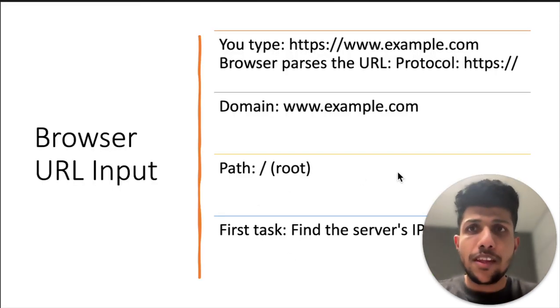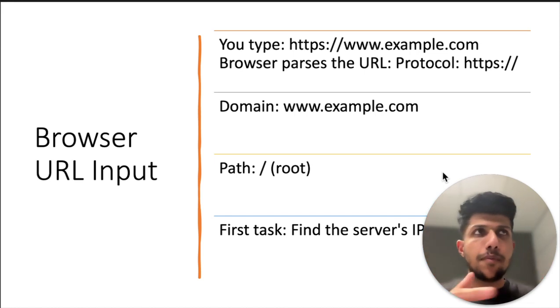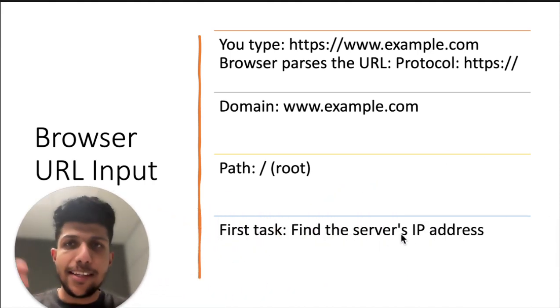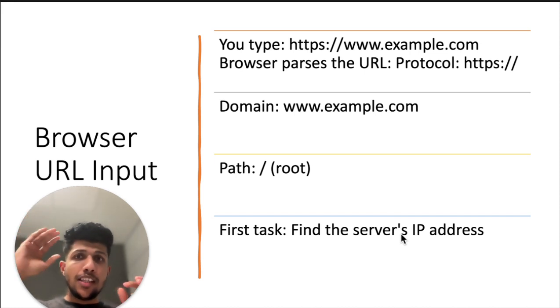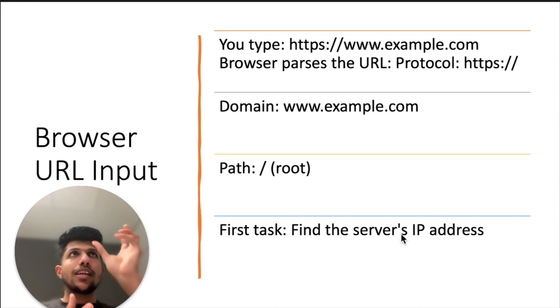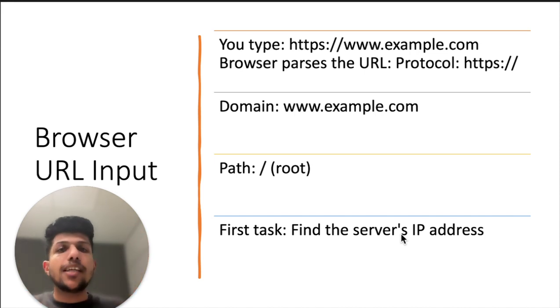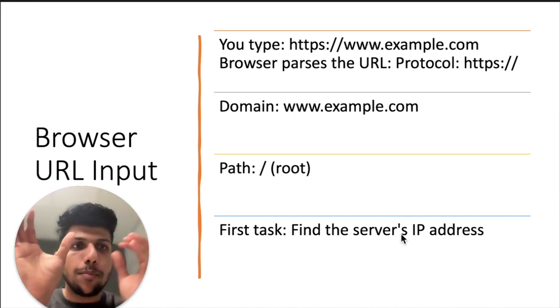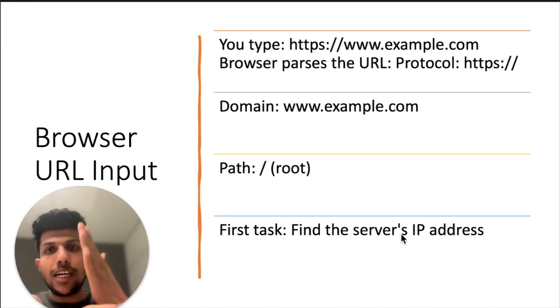Now suppose you went to a URL, suppose example.com or google.com. What will happen here is that the browser will parse the URL. There is a protocol, typically HTTP or HTTPS, so you type that in. The browser will parse it into individual components.